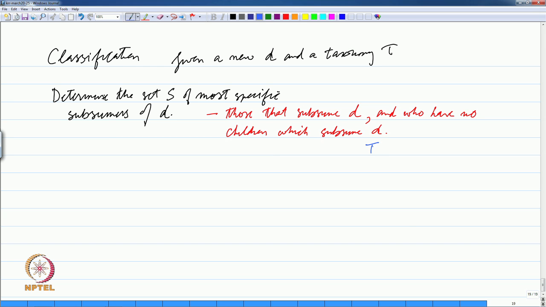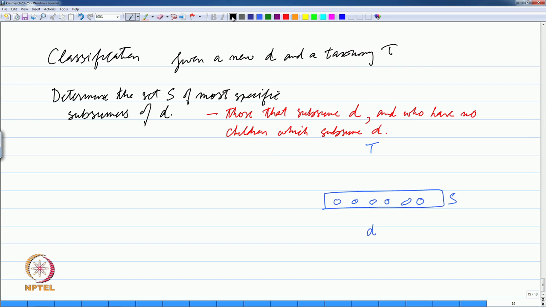We start with the thing or top concept, and then we have this concept D which we want to place somewhere, and the first thing we do is find a set of concepts S, and we will look at how to do this in a moment, which are the most specific subsumers of D essentially, which are nodes in the taxonomy essentially.